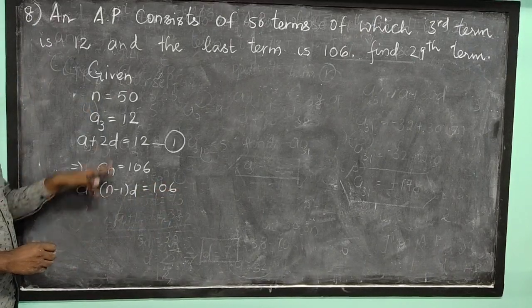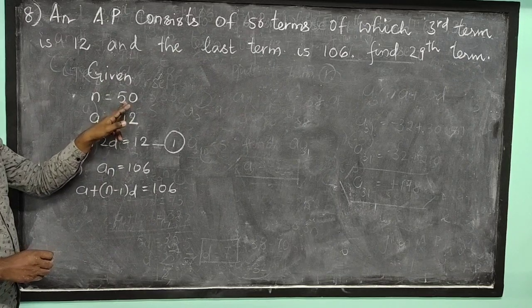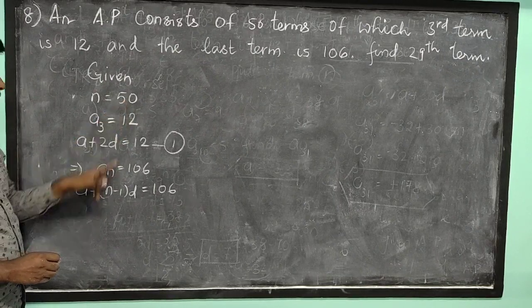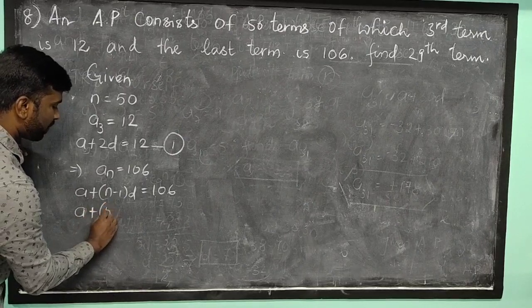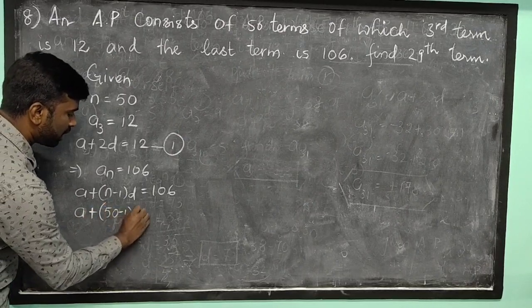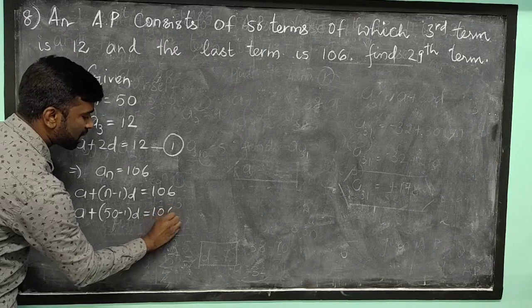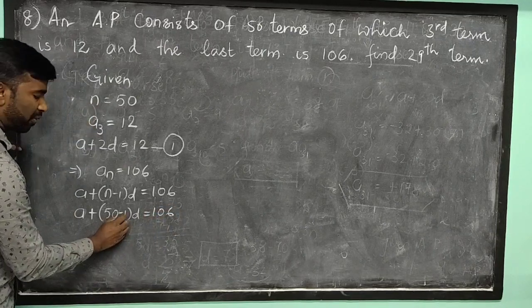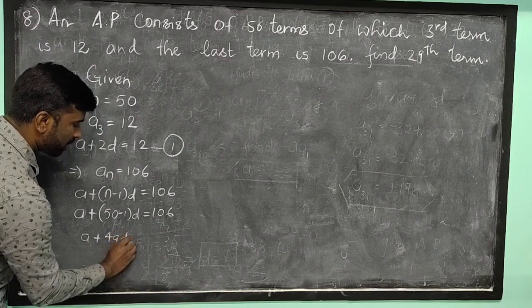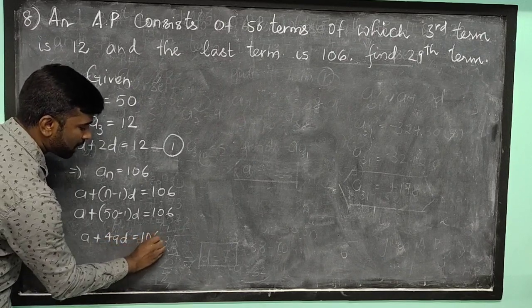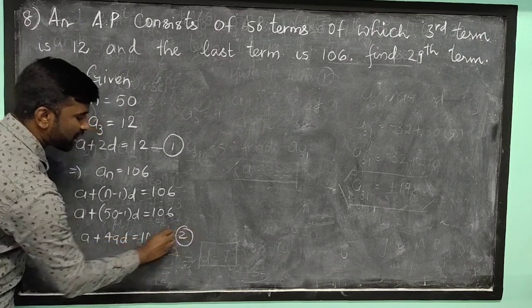Now we know that the number of terms is 50. Substitute this value of 50 in this equation. We get A plus 50 minus 1 into D, which is equal to 106. What is 50 minus 1? 49. So A plus 49D, which is equal to 106. Consider this as equation 2.